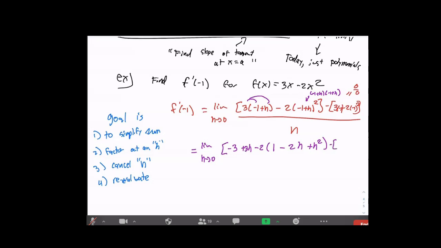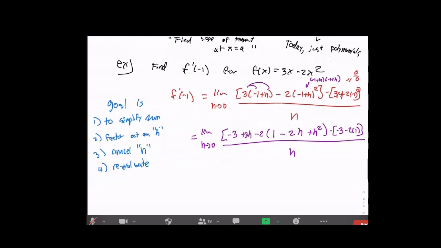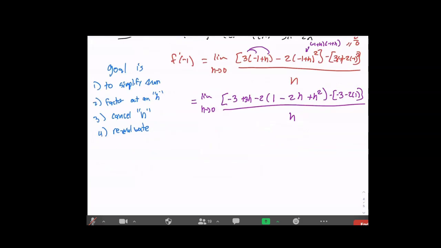Minus parentheses, -3 minus 2 times 1, all over h. If you do this right, every term you're left with in the numerator will have an h. So let's continue now. All I'm doing is expanding. -3 plus 3h minus 2 plus 4h minus 2h squared.